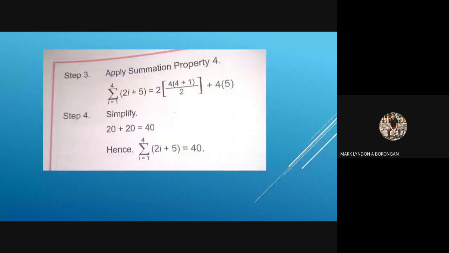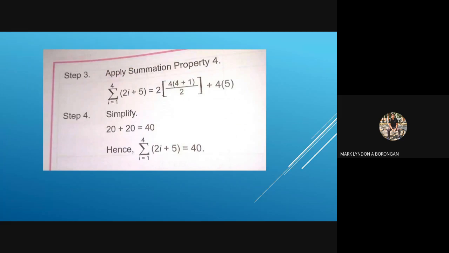But here it's 2i, so we isolate the 2i using property number 2, isolating the constant to the side. The 5 is automatically 4 times 5, then 20.